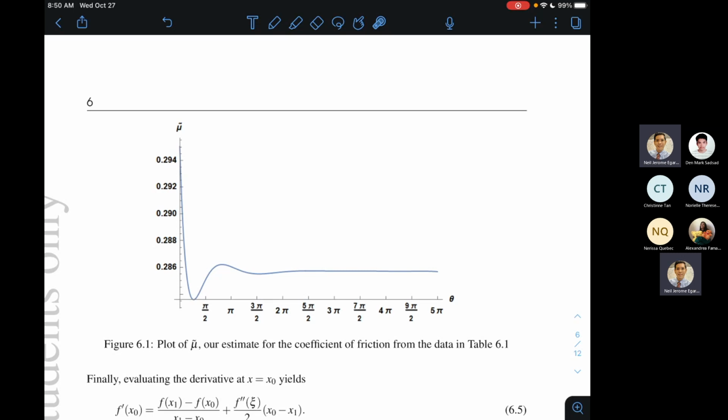Okay? So that's why we want to develop some more techniques on how to calculate the derivative numerically without going through the pain of having that very large degree polynomial for the derivative. Okay?